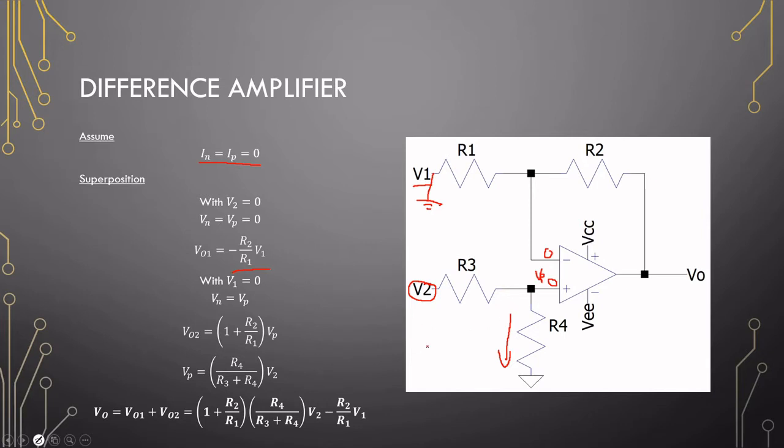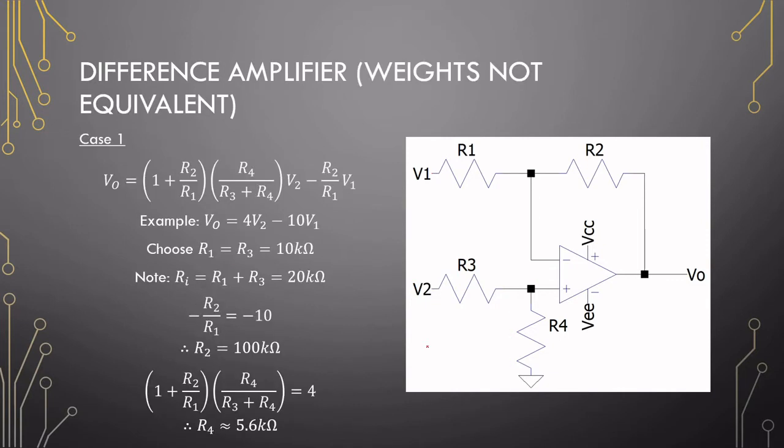Now, there is some special cases to this, and with the cases, we can look at some designs. So, taking this formula, if we want different ratios of the two being subtracted, we can make it from this formula.